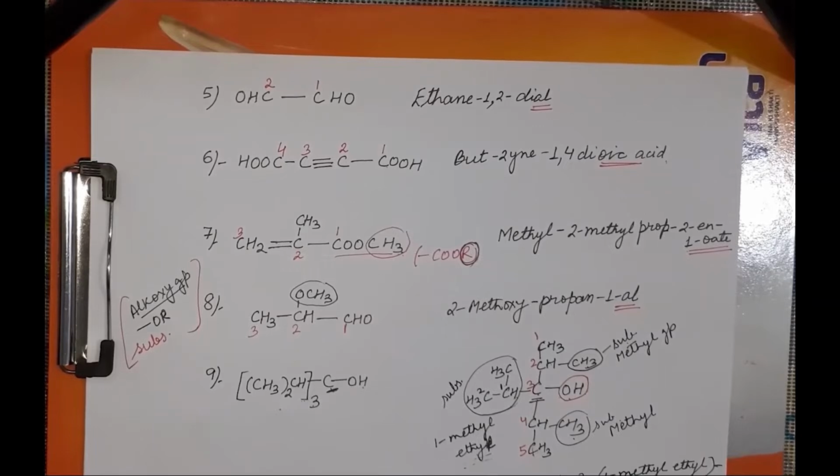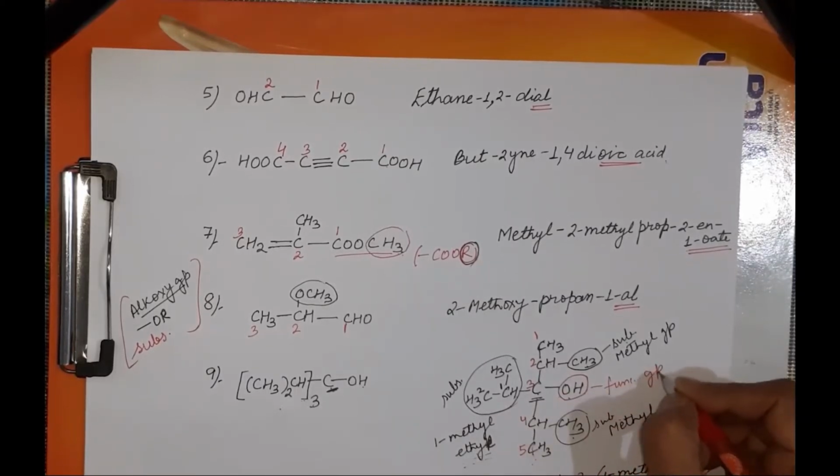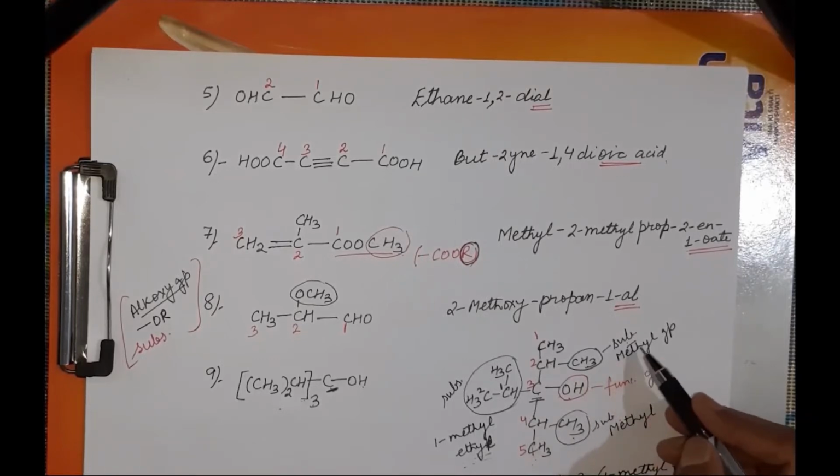So first what we have to do, first we have to write this compound in a simplified way and then we have to give the numbering to the parent chain as I have done. So we can see this OH group is the functional group, and this parent chain is having 3 substituents.